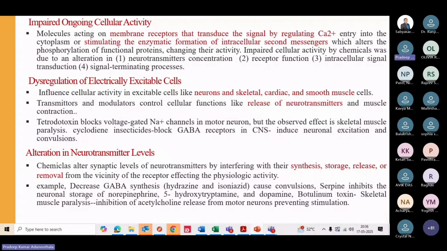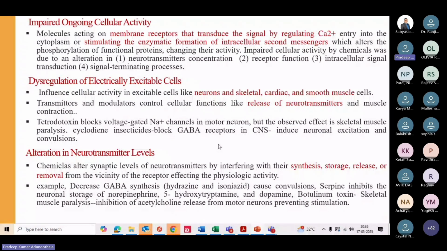The steps included in this mechanism are neurotransmitter concentration. Based on differences in the concentration of the neurotransmitter, this ongoing cellular activity might get impaired. Or the alteration in the function of the receptor happens by binding to the chemical, then that also leads to impaired ongoing cellular activity. And intracellular signal transduction and signal terminating process.